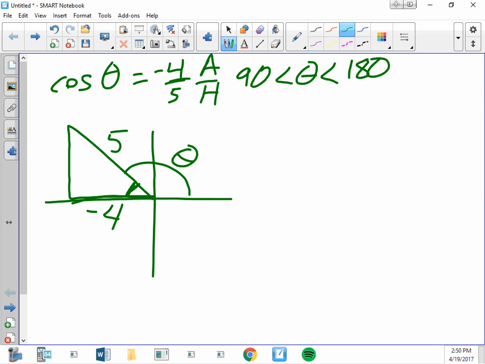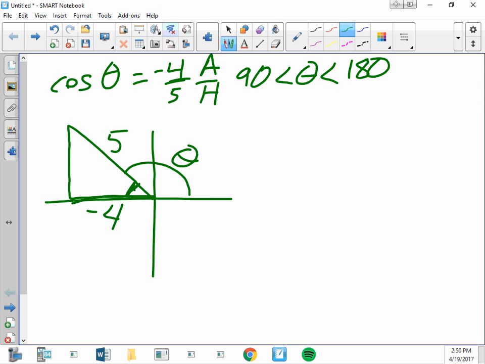Theta is right here, but the reference angle is right there. Okay, remember the wall, ground, and ladder story? The angle is always attached to the origin. Always. Because the formula uses this one.